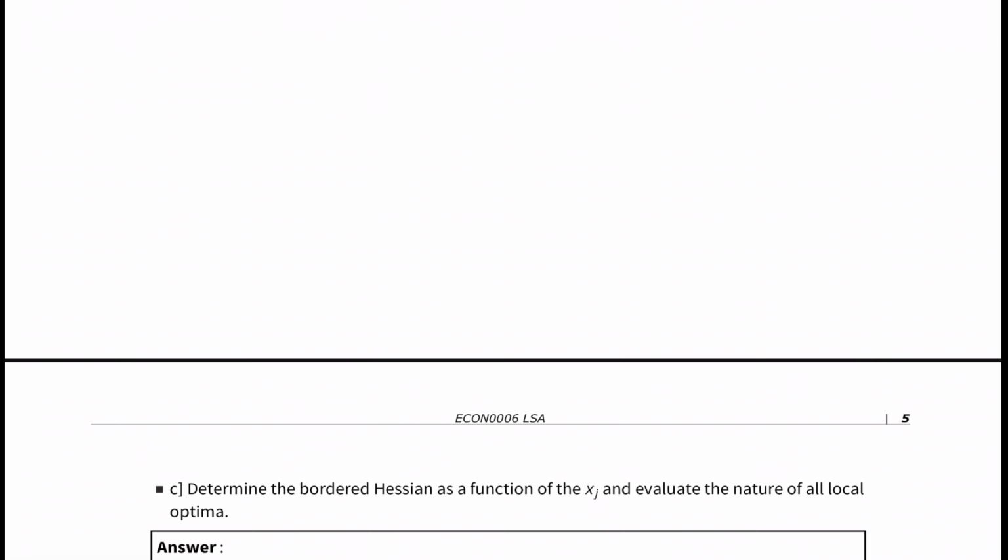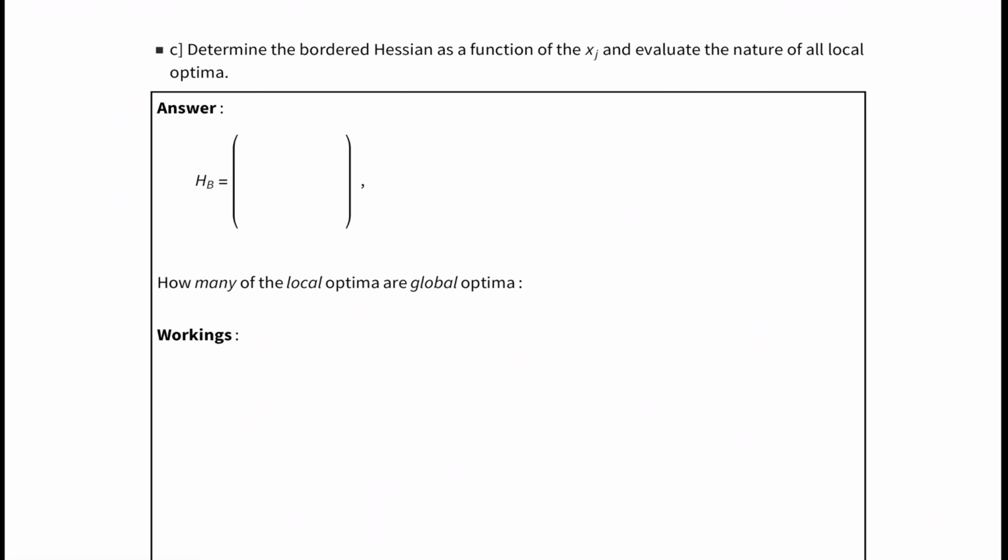Cool. Moving to part C, determine the bordered Hessian as a function of xj, where j was 1, 2, and 3. So as a function of x1, x2, and x3, and evaluate the nature of all the local optima.